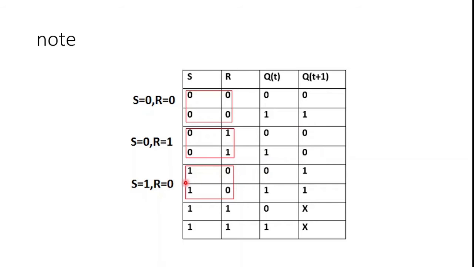And as for this scenario where S is 1 and R is 0, for this you will have Qt plus 1 always equal to 1. And when S equals 1 and R equals 1, for that scenario the Qt plus 1 will always be undefined, which is marked by X. And Qt is always varying 0, 1, 0, 1, if you notice here.